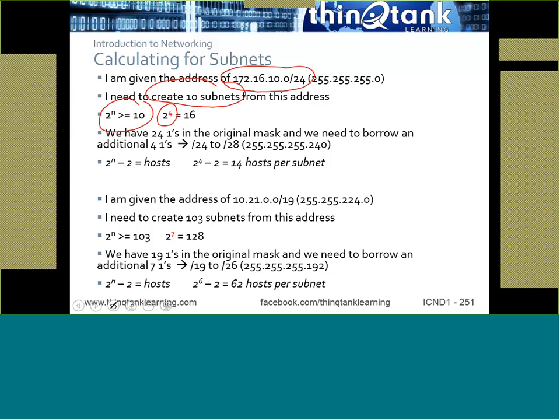We have 24 ones in our original mask. That's what we were given originally. We're borrowing an additional 4 ones, so my new mask goes from 24 to 28, because 4 plus 24 is 28. All right? How do we get that converted to a dotted mask? 28 ones, right? 1, 2, 3, 4, 5, 6, 7, 8. 255.